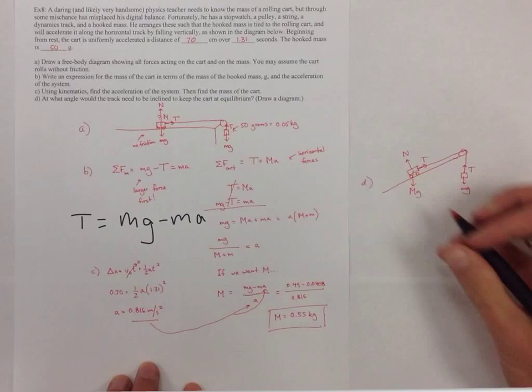If it's not just hanging, then the tension is going to be something different. The tension will be larger than the weight of the object if it's accelerating upwards, but the tension will be less than the weight of the object if the object is falling downwards. Okay, let me erase that right there, and let's carry on.